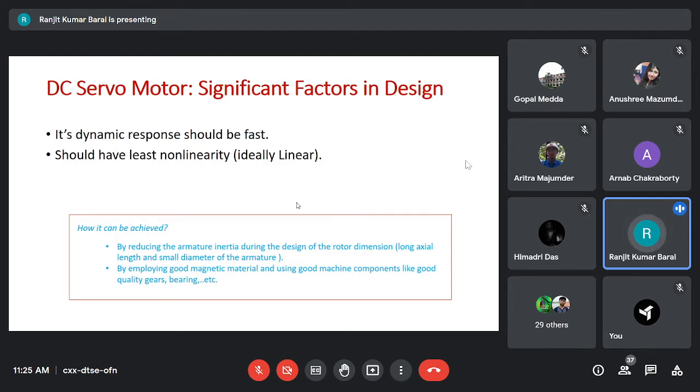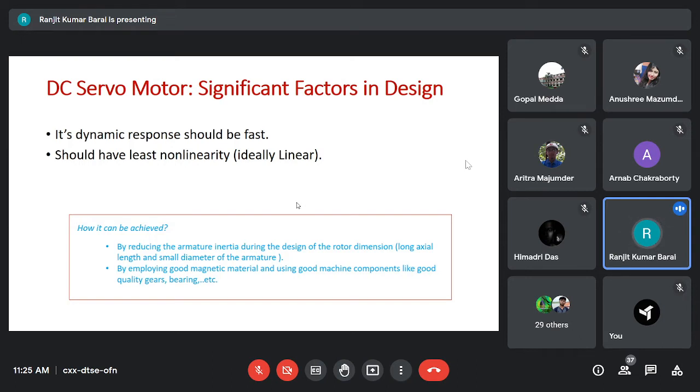Increasing the length is not a problem. You have to just stack. You have to add more and more laminations in the stack, but you cannot reduce the diameter arbitrarily, because the size of the iron stampings are in fixed sizes.